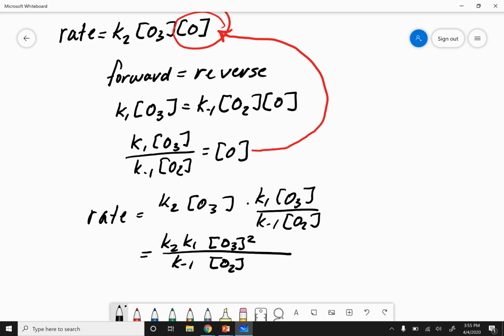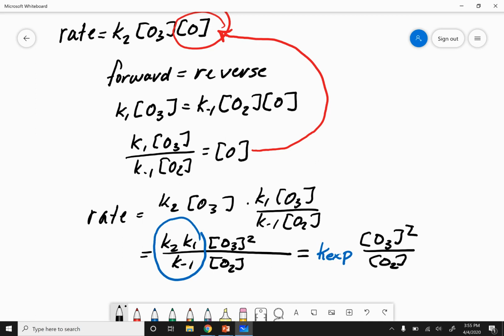Now I can take a look at all these constants right here. A constant times a constant divided by a constant, well, I can combine that into one mega constant. And I'm going to call that K experimental. And that is going to be times O3 squared divided by O2.